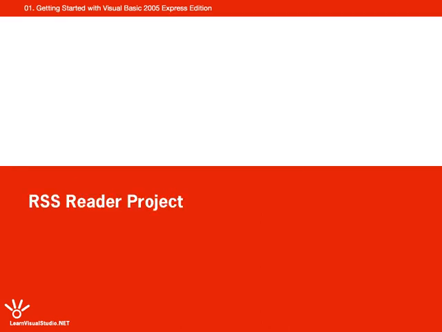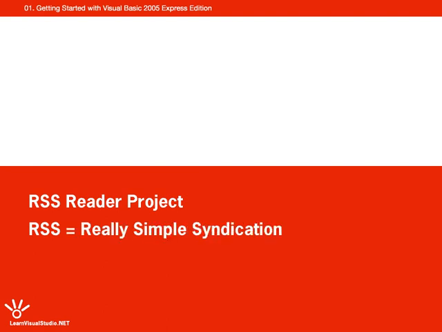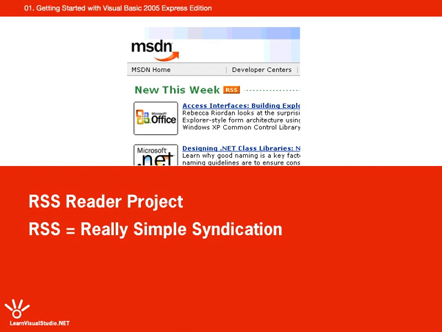The application that we'll build in the last 5 lessons will be an RSS reader. And if you're not familiar with the term RSS, that stands for Really Simple Syndication, and it's one of the latest trends on the internet. It allows websites, especially those websites that update their content often, like blogs, to publish a short description of new articles as they're posted on the website.